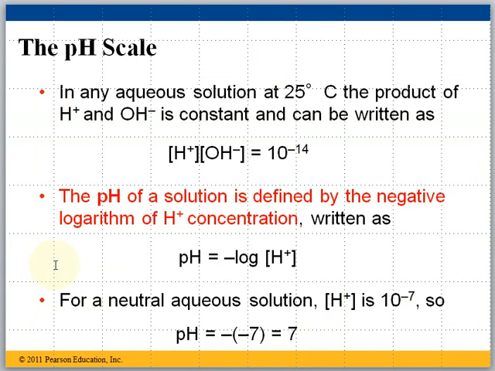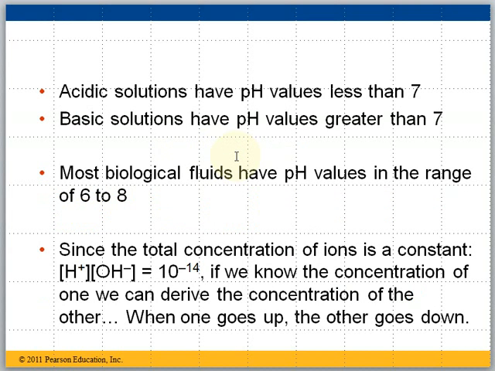So I know that's somewhat confusing, but just keep in mind that this is a balance. So if we have a greater number or amount of hydrogen ions, we're going to have fewer OH negative hydroxide ions, and vice versa is also true. So acidic solutions tip that balance to where you have values less than 7.